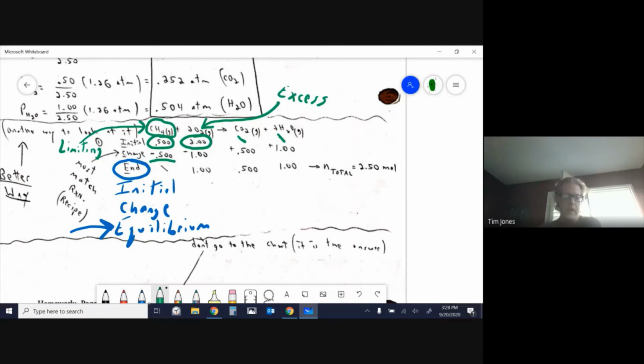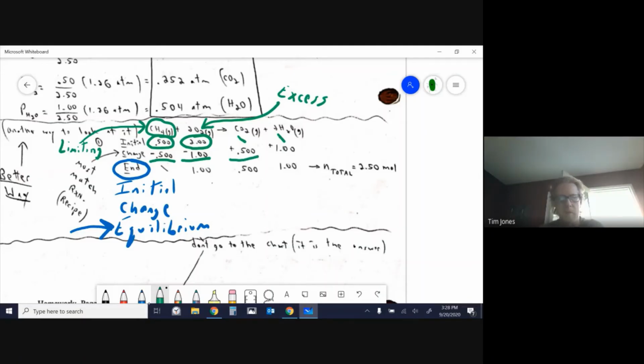So now in the change row, we look at the balanced reaction. If half a mole of CH4 reacts, the O2 must be double that. So double 0.5 is 1. That's the amount that reacts based on the limiting reactant CH4. The amount of CO2 that gets produced is going to be the same as CH4 because it's 1 to 1. So it goes up by 0.5.